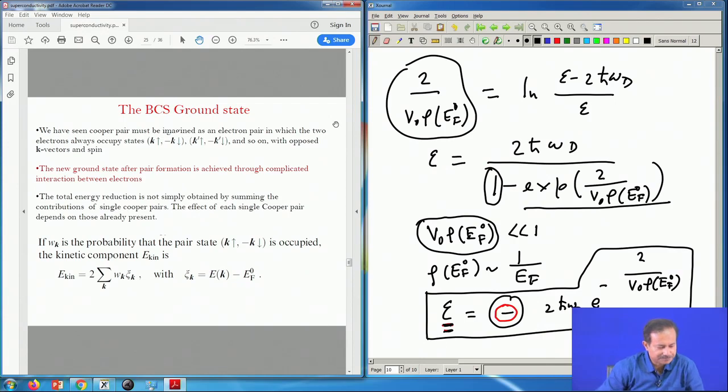Okay, so a Cooper pair must be imagined as two electrons occupying state k up, minus k down, k prime up, minus k prime down, and so on, right, with their k vectors opposite and spins also opposite.